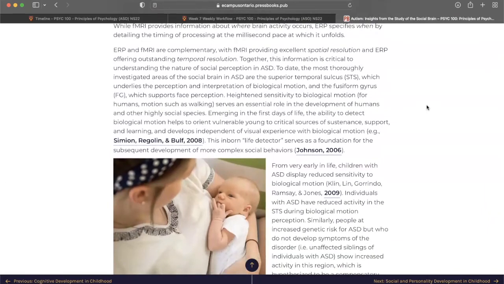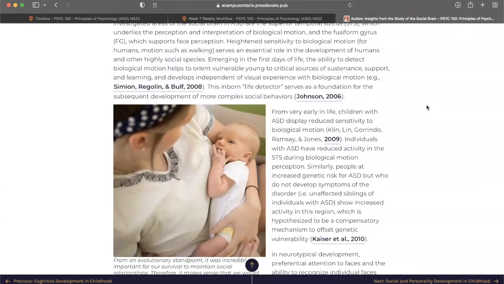To date, the most thoroughly investigated areas of the social brain in ASD are the superior temporal sulcus, which underlies the perception and interpretation of biological motion, and the fusiform gyrus, which supports face perception. Heightened sensitivity to biological motion for humans, motion such as walking, serves an essential role in the development of humans and other highly social species.